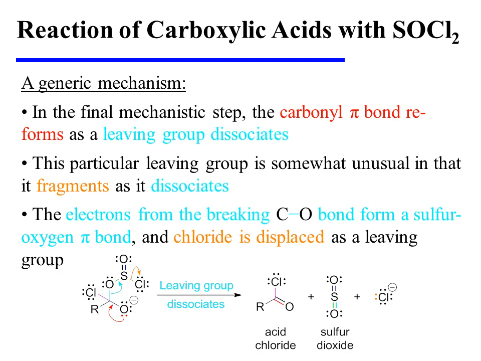In other words, the electrons from the breaking carbon-oxygen bond form a sulfur-oxygen pi bond, and as they do so, chloride is displaced. The net result is the acid chloride product of interest, as well as byproducts including sulfur dioxide and chloride.